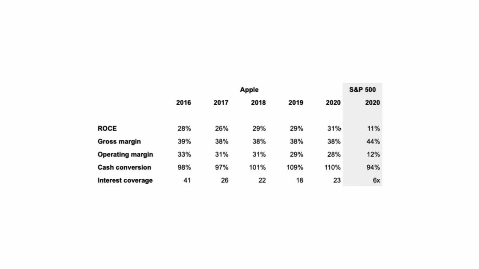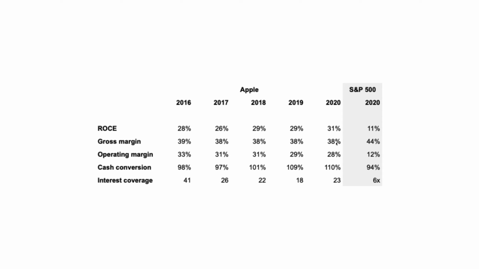And how much are the rest, the non-financial 500? 11%. So Apple is about 3 times bigger than the index. Is that good or bad? Oh yeah, that's good. It's huge. Now, tell me how much is their gross margin? It's about 38%, but the other companies are making 44%. Now, is something wrong with Apple?